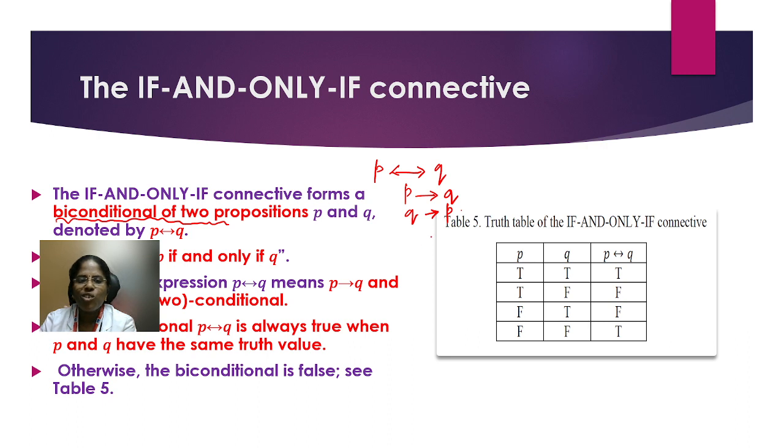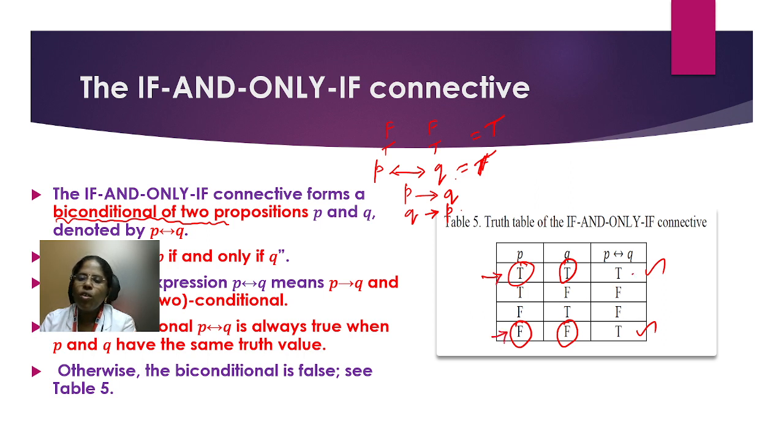The biconditional is always true when P and Q have the same truth value. For true if and only if true, you will get true.